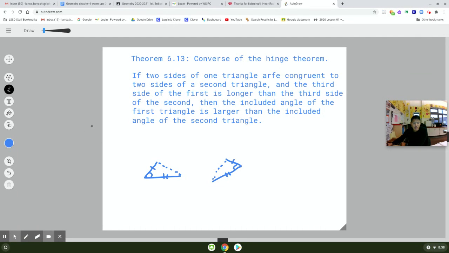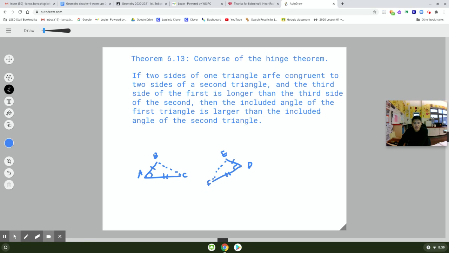I didn't label anything in these two triangles, but I have triangle ABC, and maybe you're thinking for my triangles, it looks like they may be congruent. So kind of trust the given information as opposed to the diagrams here. But I have triangle DEF. And here's what I said.